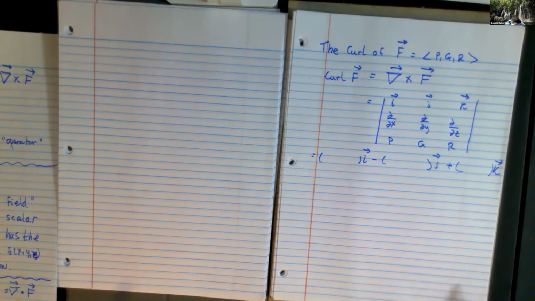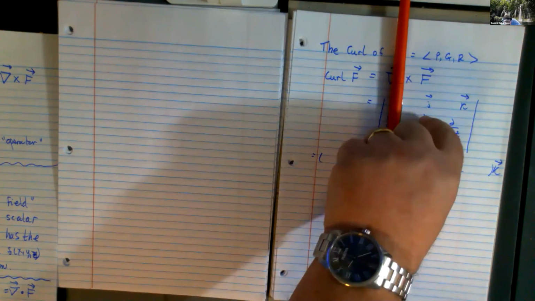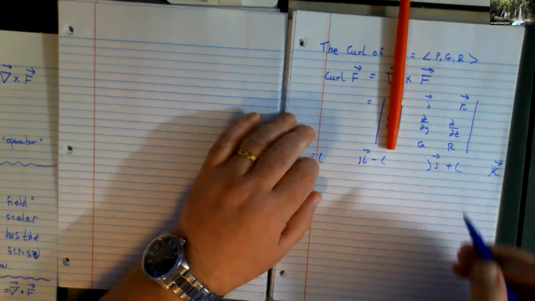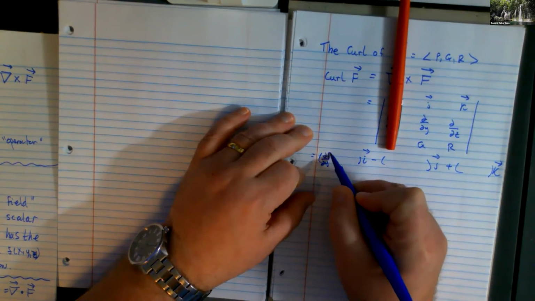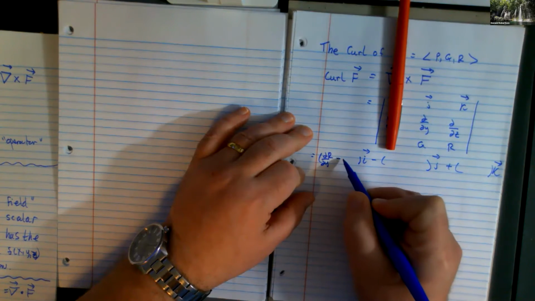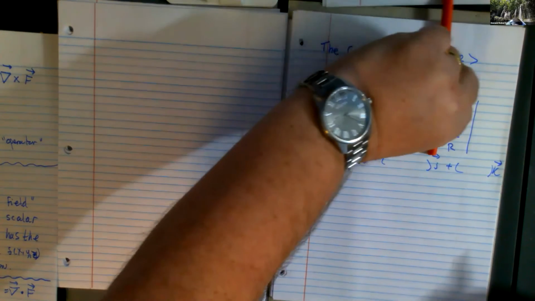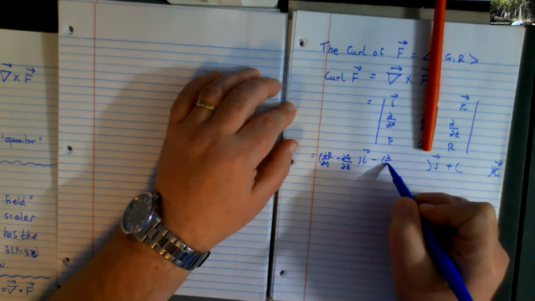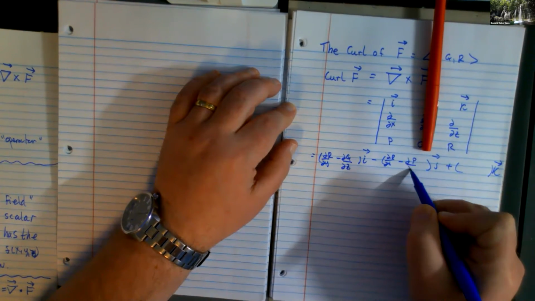So if I kind of cover up the i's, let's see what we get. This operating on that, take away this operating on that. So d by dy of R, right? Take away dQ by dz. Then you move to the middle one, this operating on that, take away that guy.